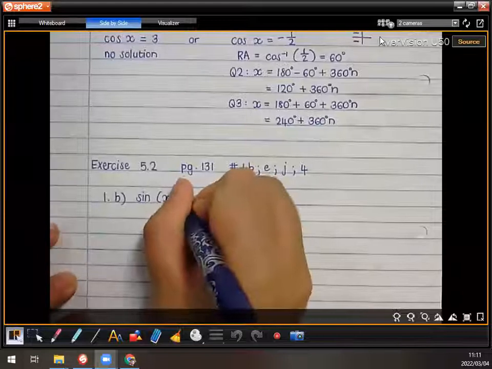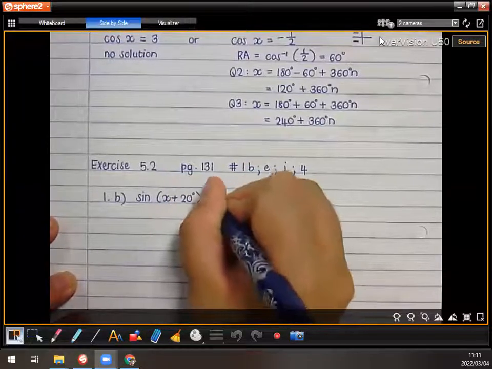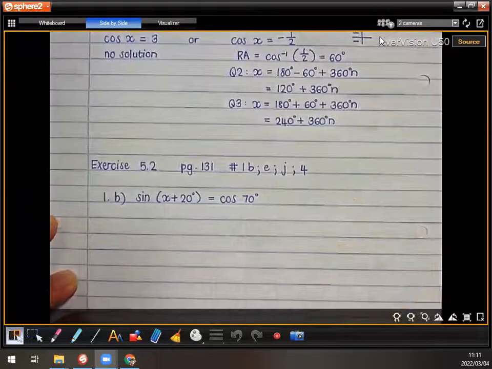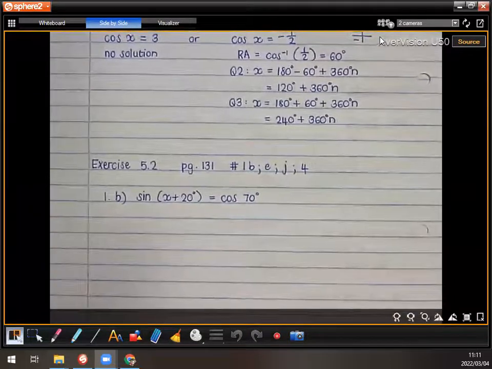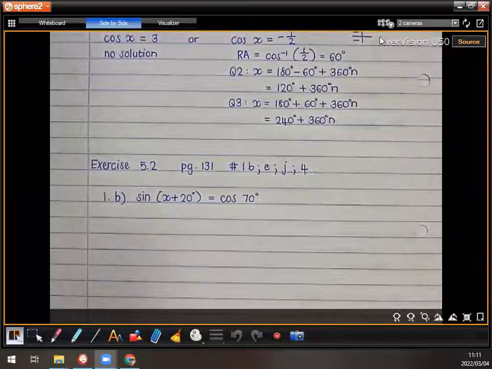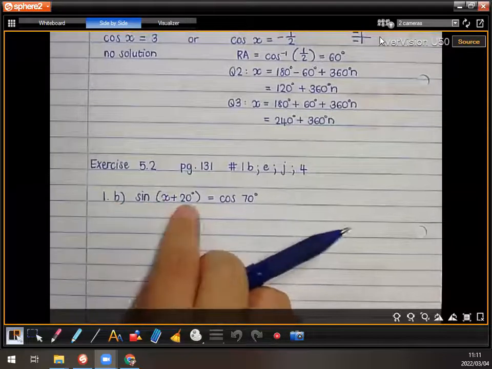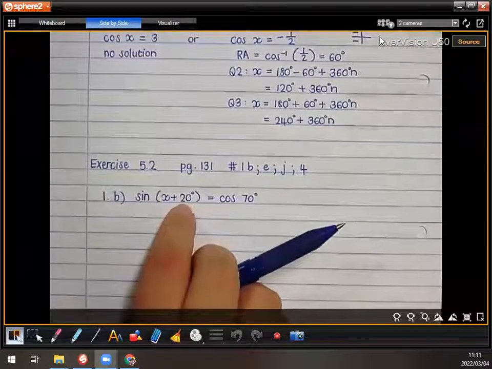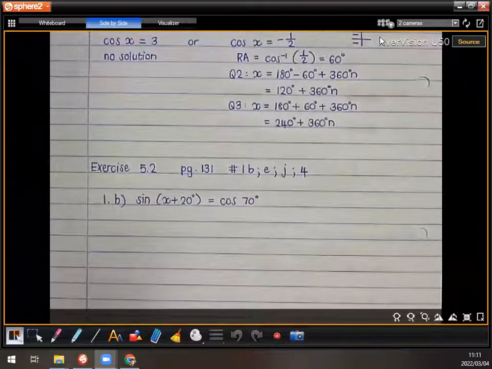I just want to show you these. Hey guys, that is 1B. Now, what I meant earlier when I said please don't use the compound angle identities: it looks like you can expand it, right? We know a compound angle identity that will allow us to expand it, but do I need to?